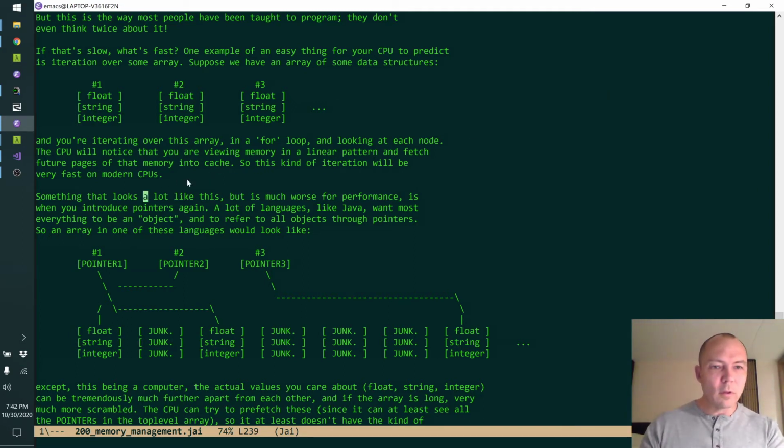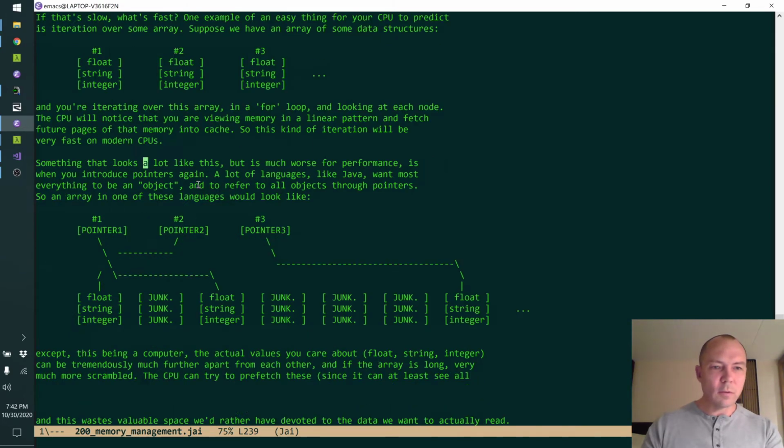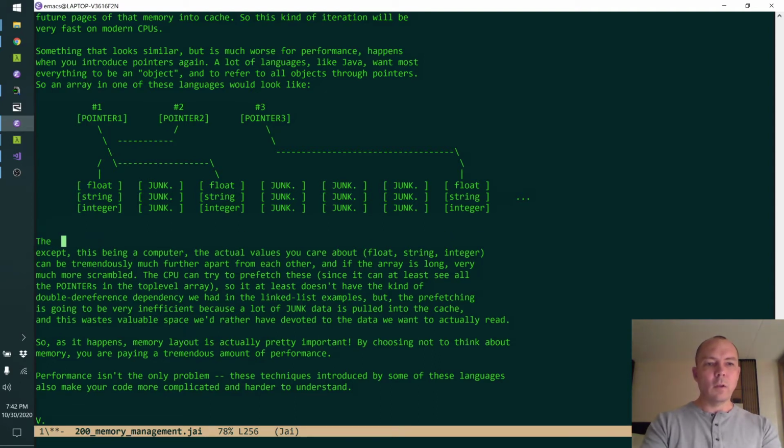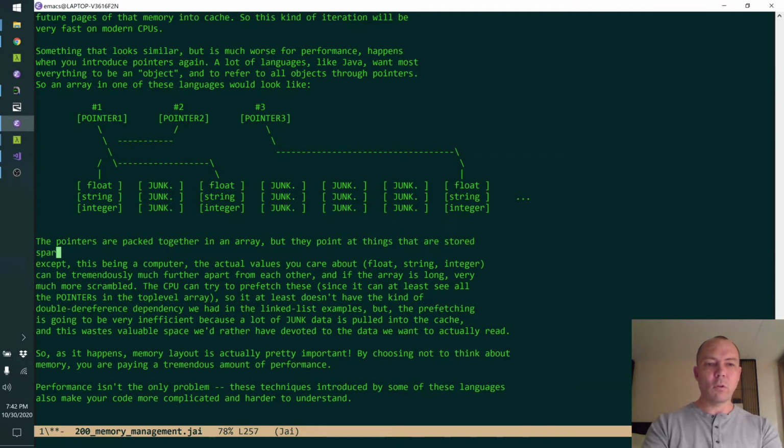That looks not a lot like this, but something. The pointers are packed together in an array, but they point at things that are stored sparsely in memory.